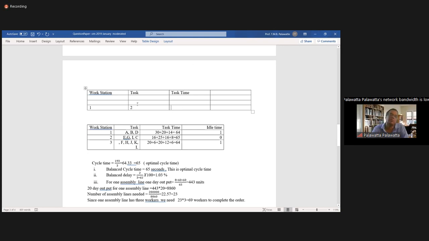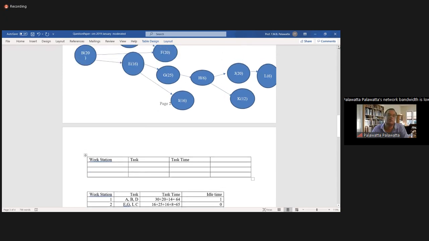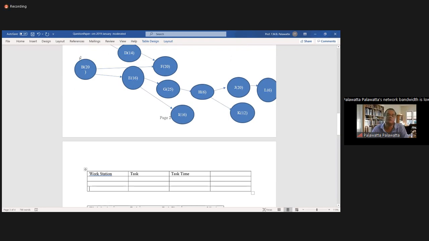So let's say we create here, this is A, C, D, right? A is a starting task.